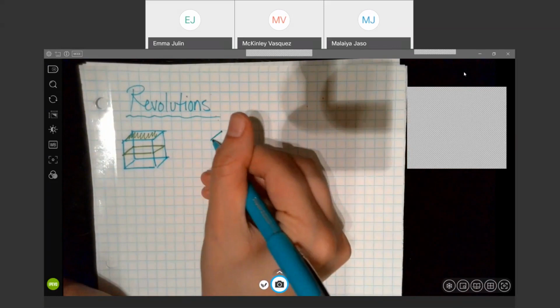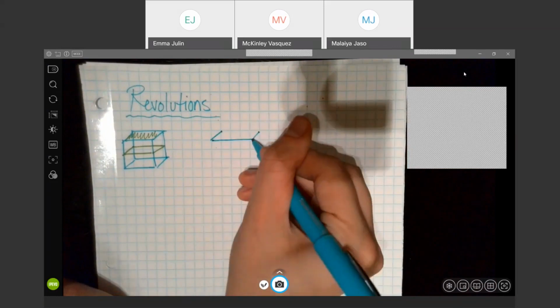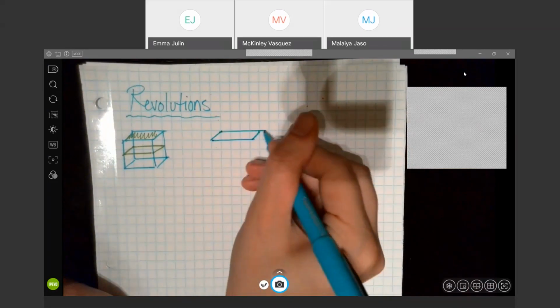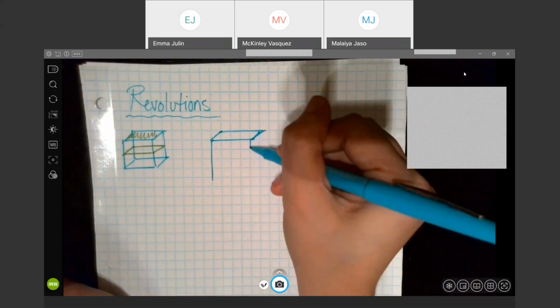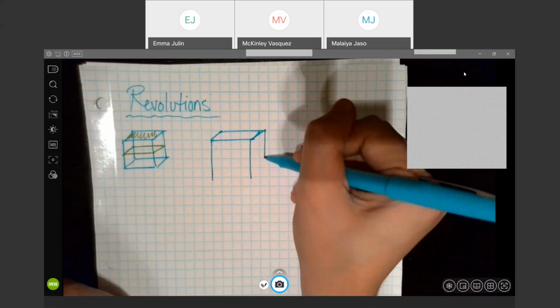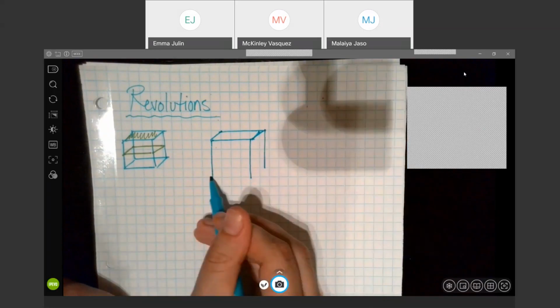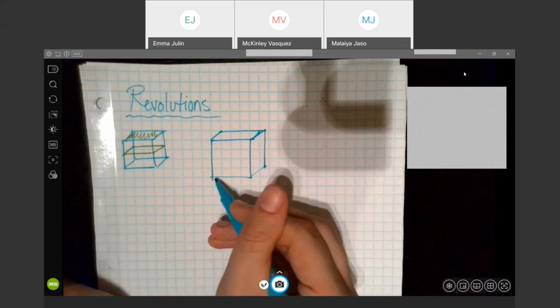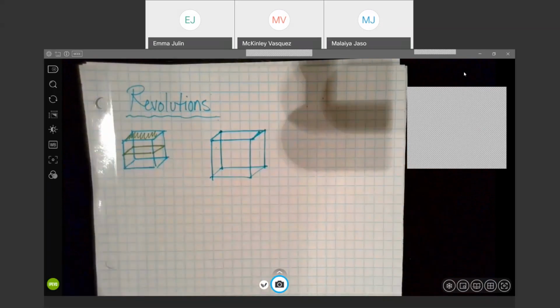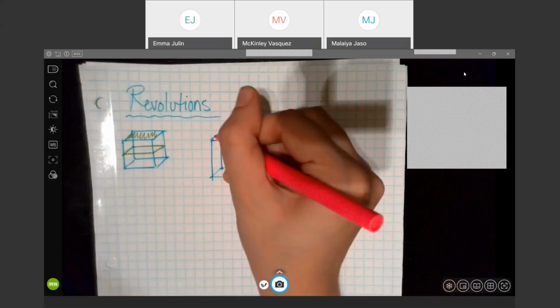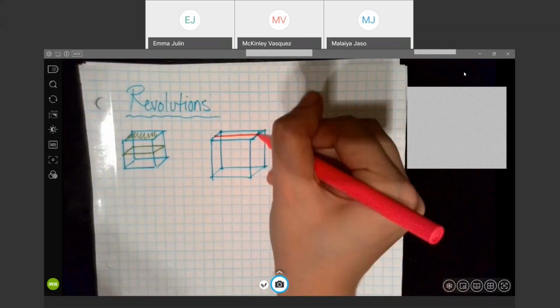So if I have a rectangular prism, and let's say cut vertically.